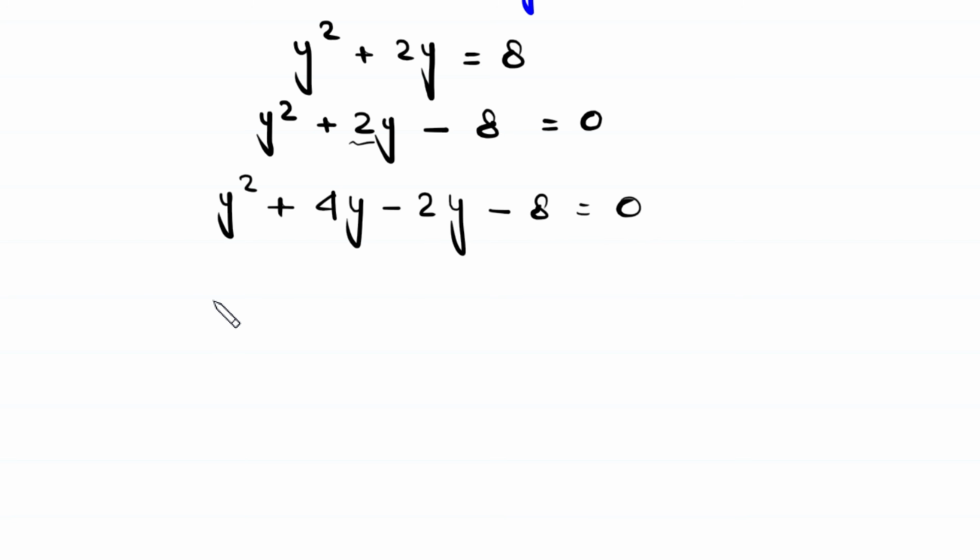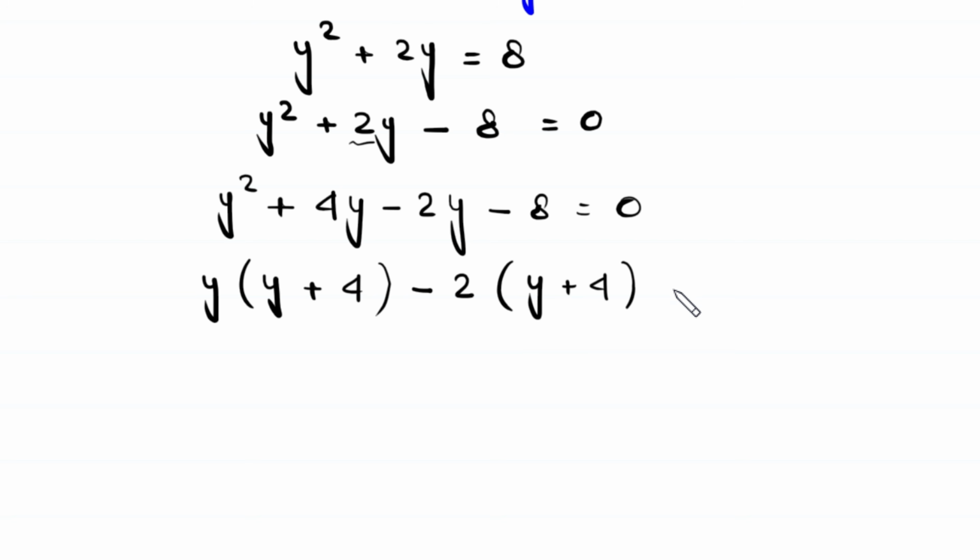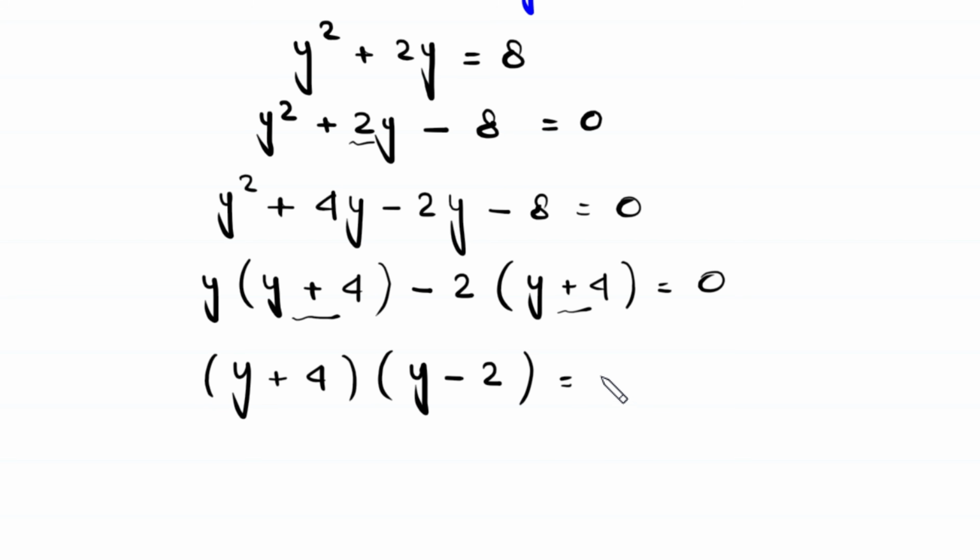From these two terms we can factor out y in bracket left y plus 4, and from these two terms we can factor out negative 2 in bracket left y plus 4 equal to 0. This y plus 4 is a common factor, so I factor out y plus 4, and in bracket left y minus 2 equal to 0.